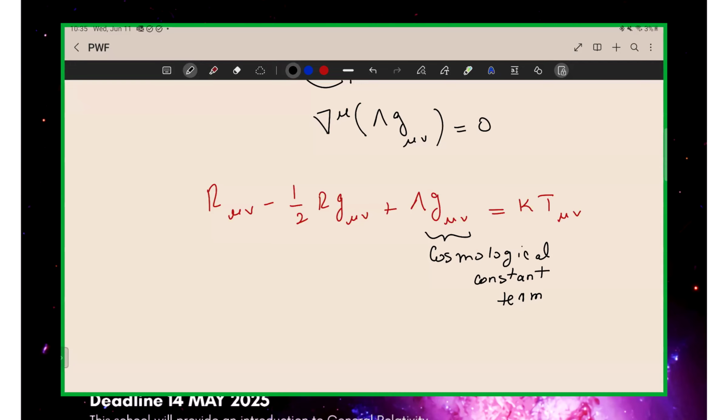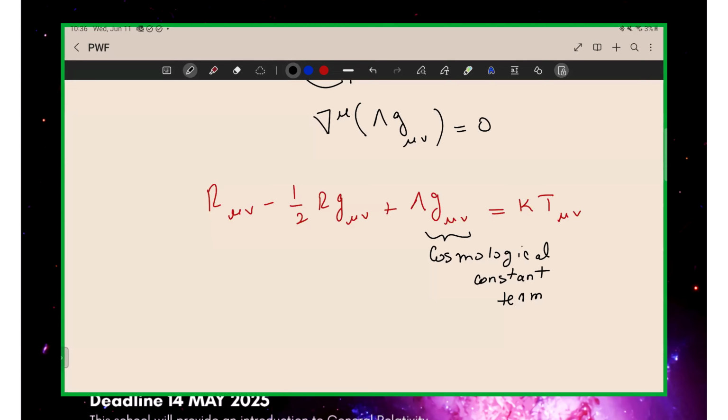When he solved his equations, they told him, as we will see later, that you cannot have a static universe. He added this term to have a static universe, and then called it the biggest blunder of his life. But this term is there because it doesn't change the covariant derivative of the left-hand side, and it is still 0.